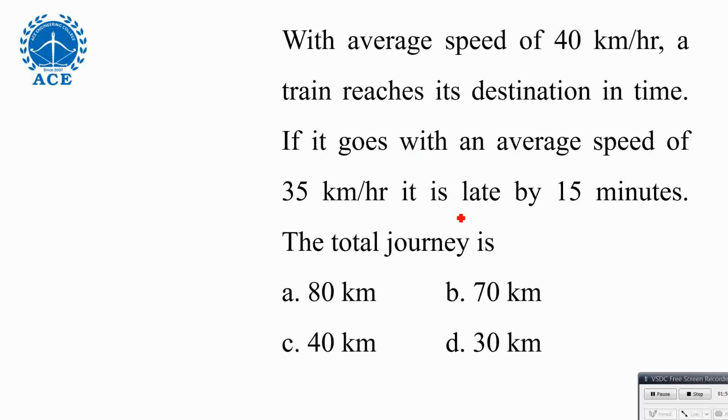So the answer is 70. We can go with product divided by difference, into the time difference in hours, as it is in kilometers per hour, kilometers and all. Or else first calculate the timing using the inversely proportional relationship, then calculate the distance. Okay, so 70 kilometers.